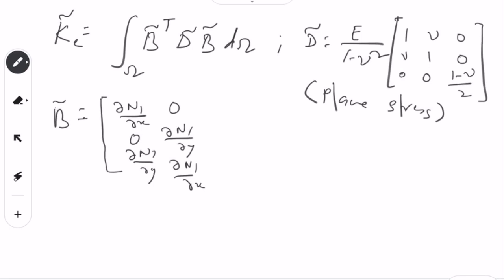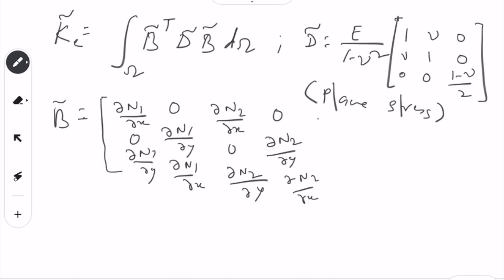So, first we have for node 1, then we will have for node 2. So, del n2 over del x, 0, del n2 over del y, and 0, del n2 over del y, del n2 over del x, and so on, till we have node 4.